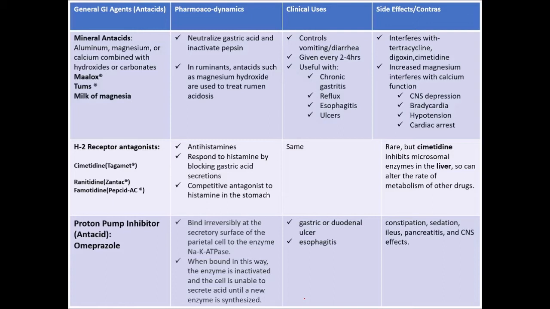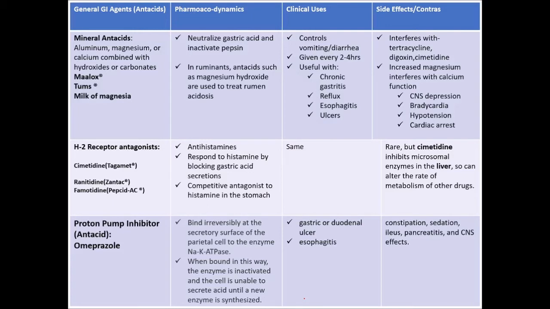H2 receptor antagonists. These are antihistamines, but they work in the stomach versus at the CRTZ or the vomiting center. These H2 receptor antagonists are cimetidine or Tagamet, ranitidine or Zantac, and famotidine or Pepcid AC.